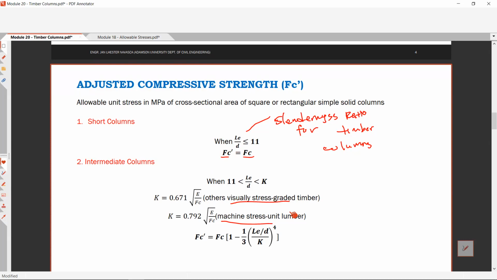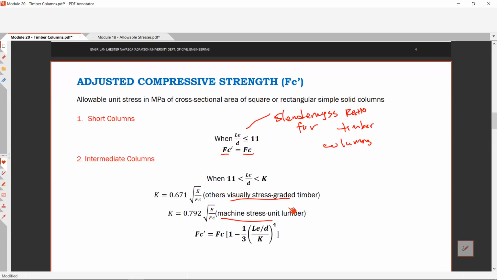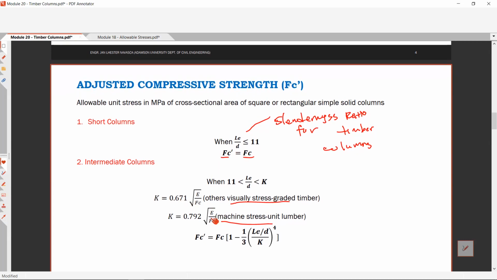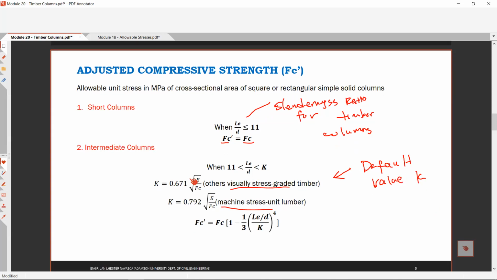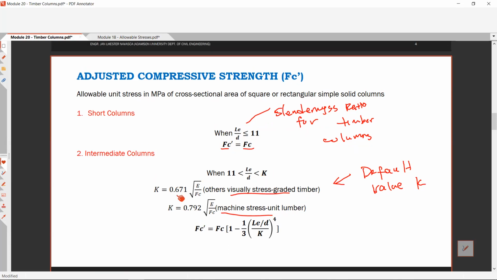So sa timber beams natin, may lateral stability, naka-base din doon yung value of K. So ganun din dito. So yung value of K niya is depende sa kung visually stress graded or machine stress graded lumber. Okay, so kapag hindi sinabi sa problem, this one is the default value of K. So pag hindi binanggit sa problem, if that is visually stress graded or machine stress graded lumber, you will use this one, yung visually stress graded timber. Okay, so that is your value of K.